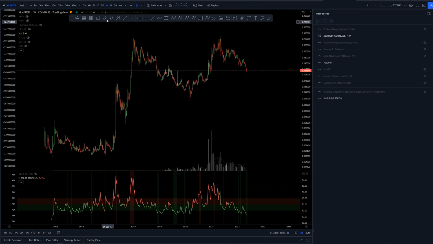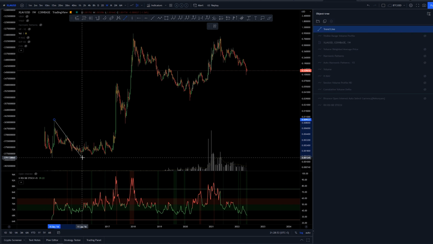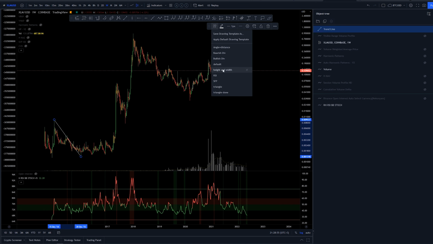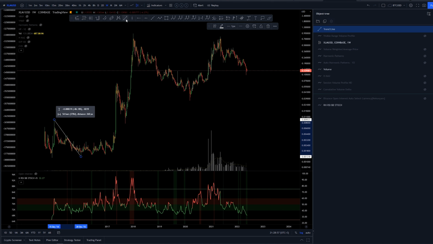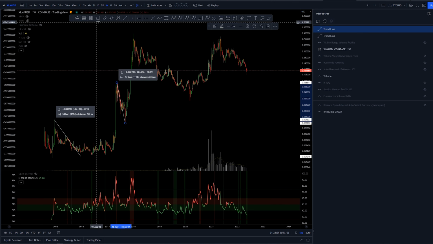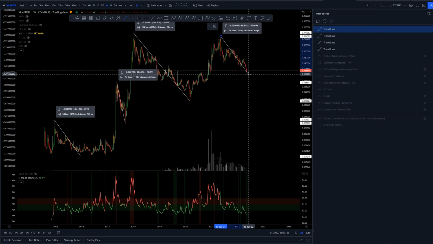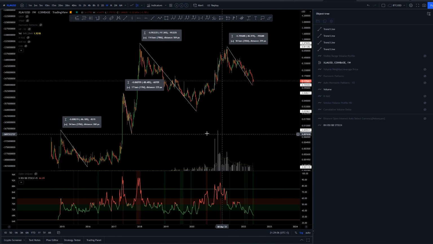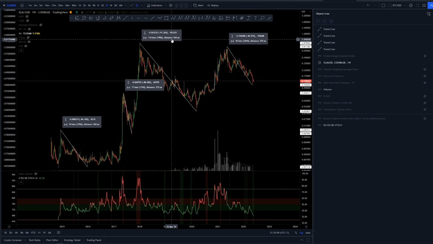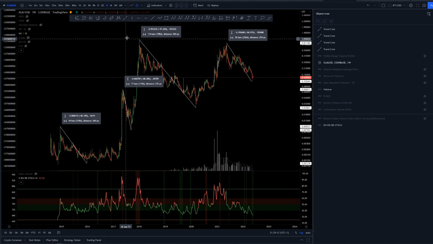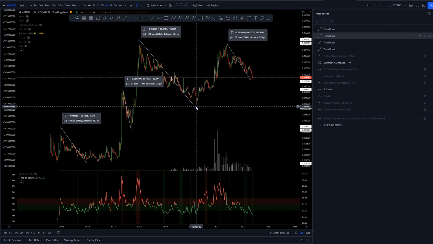The next thing I usually do is measure some of these corrections. Take just a quick measurement, take my lining up here, and see what kind of structures or corrections we had. Obviously this one was the largest, 97%, which makes me think that this is a cycle 1-2 already.